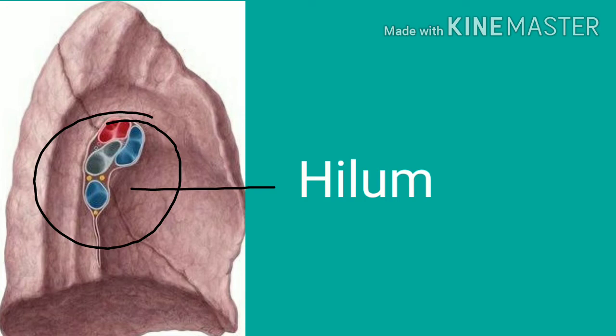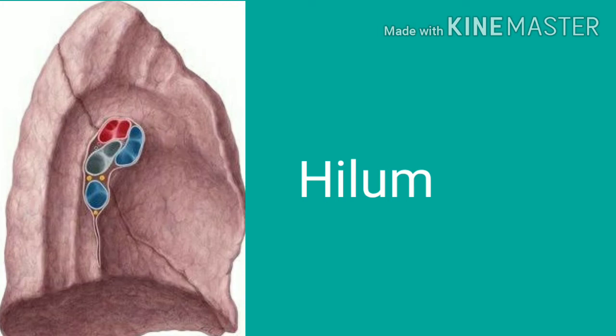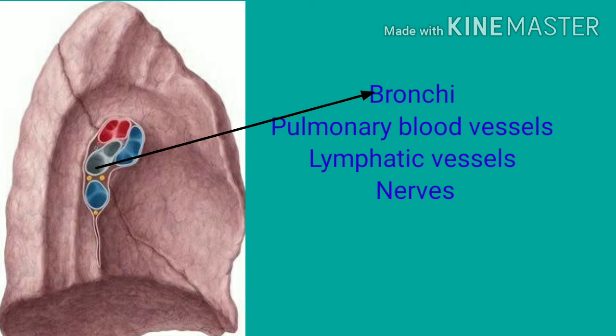Generally, the hilum is a region where the bronchi, pulmonary blood vessels like the pulmonary artery and pulmonary veins, lymphatic vessels and nerves enter and exit the lung. Are you understand?